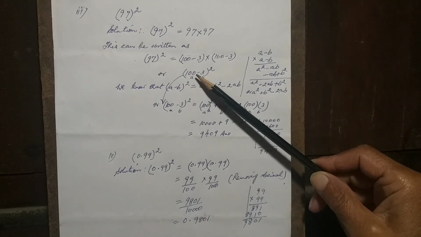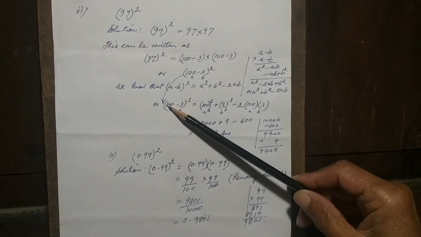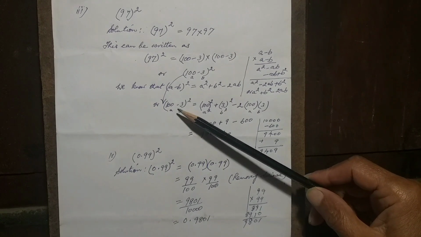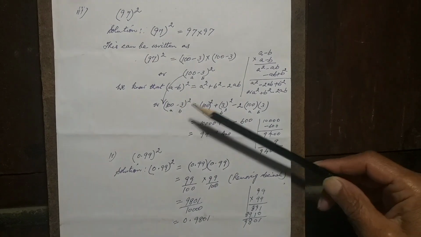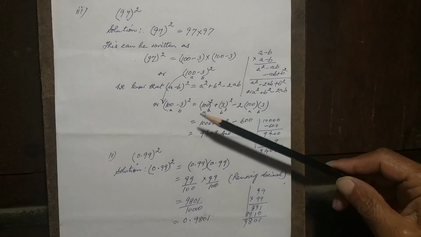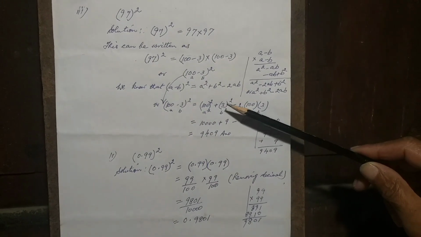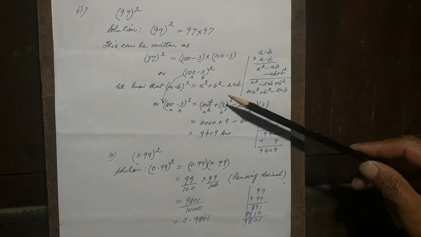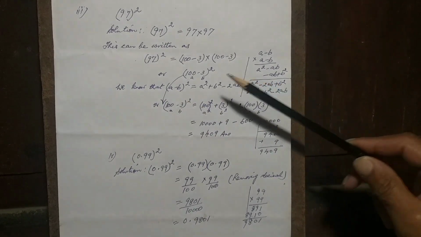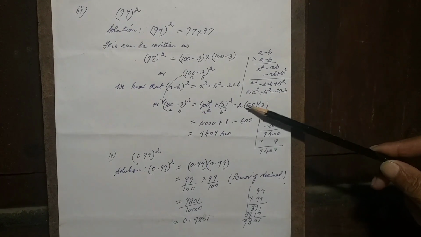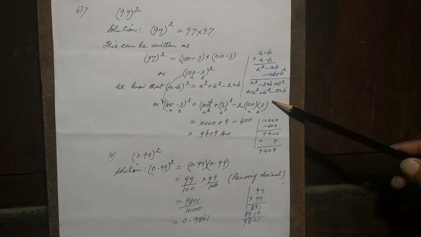Now in this 100 minus 3 whole square, we can consider 100 as a and 3 as b. So 100 minus 3 whole square would be a square. A square is 100 square plus b square. B is 3. So 3 whole square minus 2ab. 2a we know is 100 and b is 3. So 2 multiplied by 100 multiplied by 3.